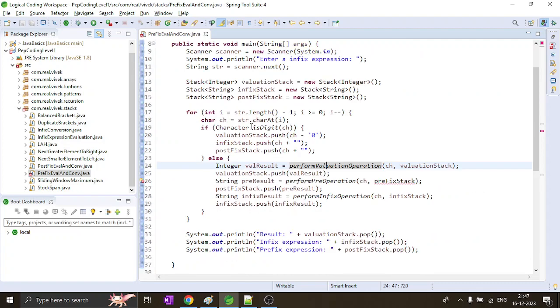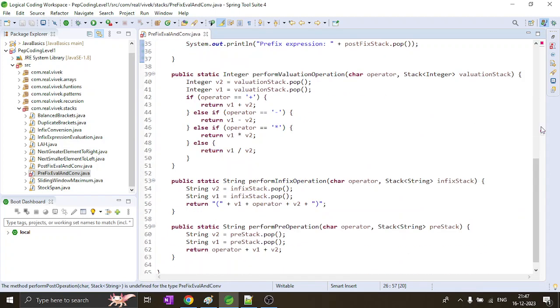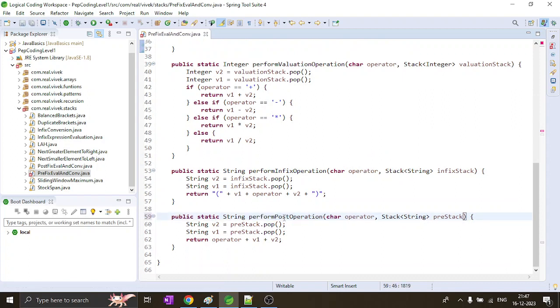Okay, and for the pre-result, so we won't have a pre-result here, right? We'll have a post result, and we'll also have a post stack here, postfix stack. So we'll also rename this as the postfix post operation. Okay, so let me correct this first. And another thing that we have to remember, we'll have V1 popped first this time and then V2, right?